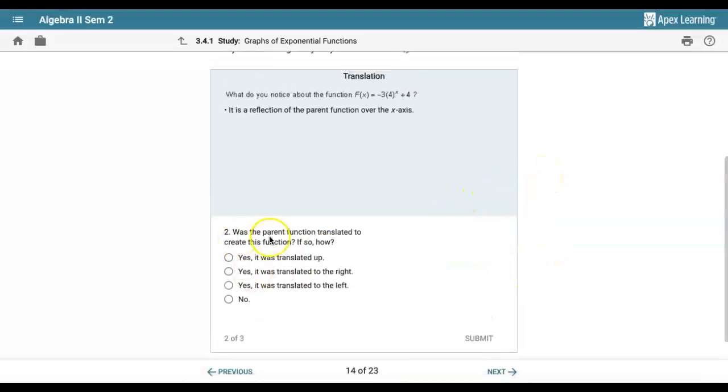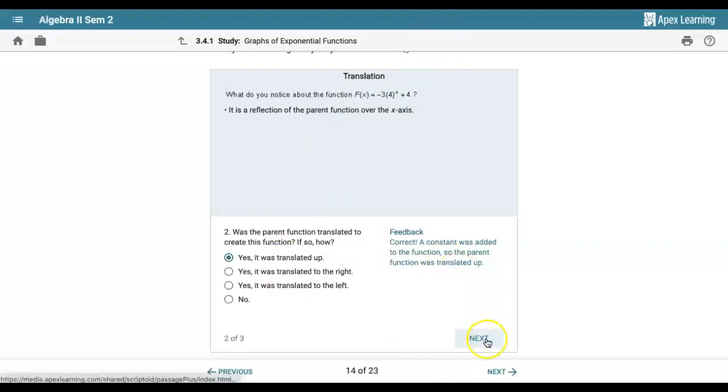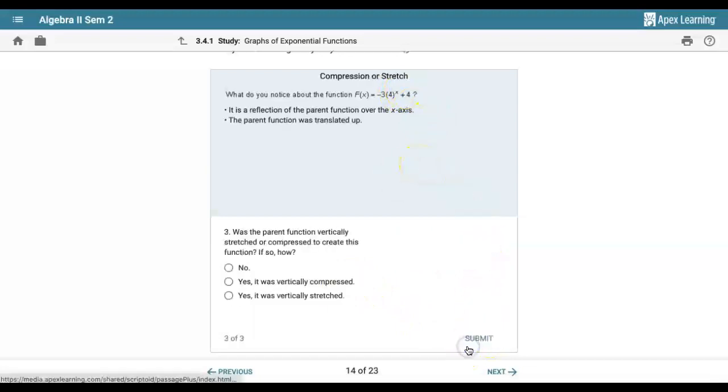Was the parent function translated up, down, left, or right? The answer is yes. Look, we've got a +4 there, so it was translated up by 4. If we were going to move left or right, it would have to be up in the exponent, so it would be raised to the power of x plus or minus something.